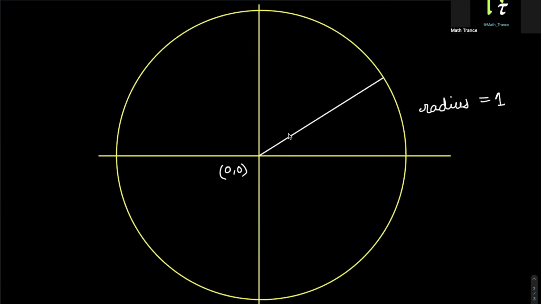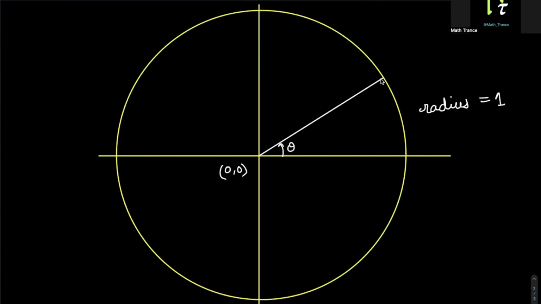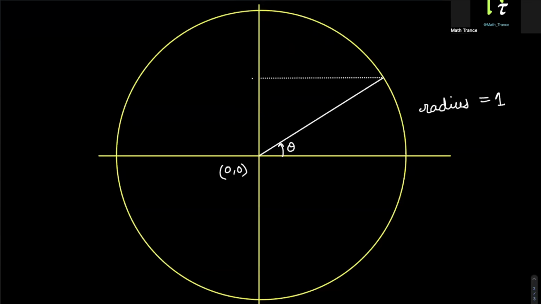So now, if this angle is theta, then we know that this height will be equal to sine theta, right?